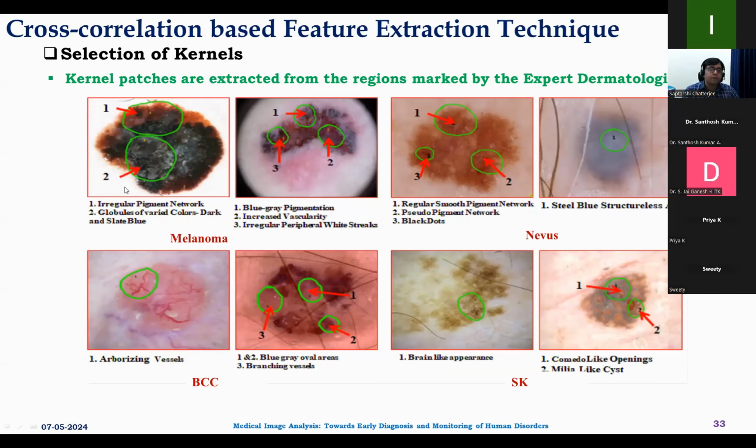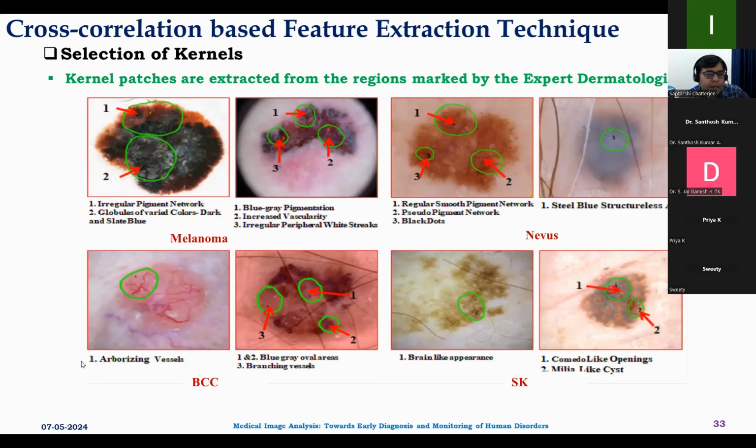Okay, so for a particular disease class, say melanoma or malignant melanoma, in that class we may have different such features, and we have identified that we can have different types of features for different disease classes. We compile all those features, selecting a set of images of different disease classes, and we make it a 32 number of features.